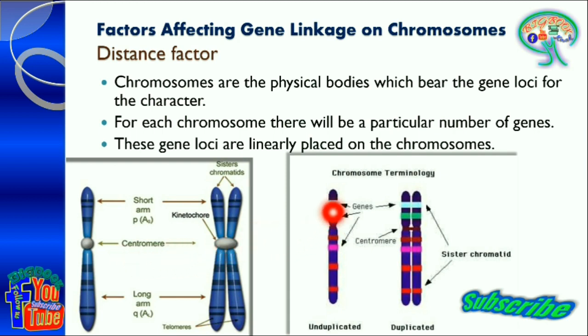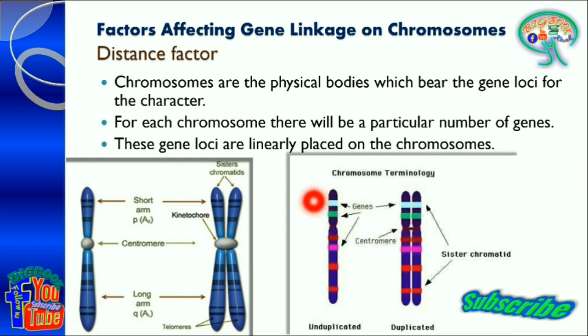Now in this picture you can see the depiction. Here the chromosomes and the genes have been arranged. Whatever bands have been shown here, those are the genes. This is the parental chromosome as we referred to it here, and this will be the sister chromatid.